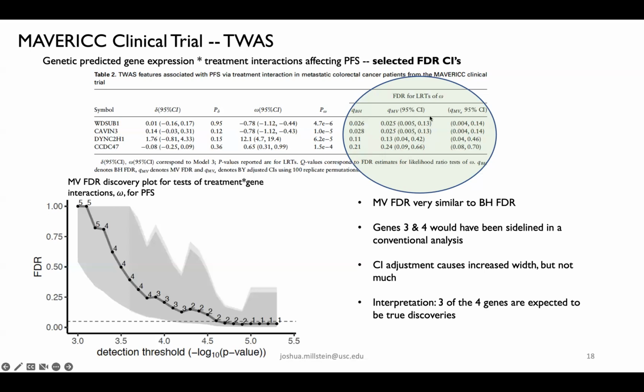Now, here are the unadjusted intervals, and in the last column are the adjusted intervals, and you can see again that the difference is not great in this situation.